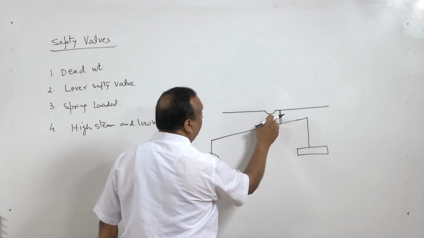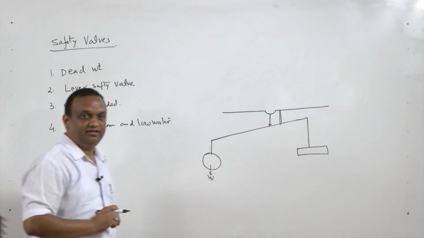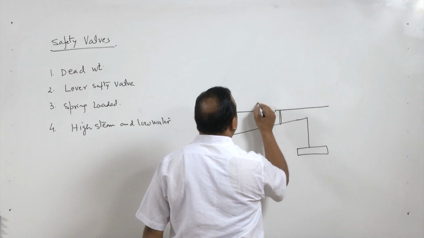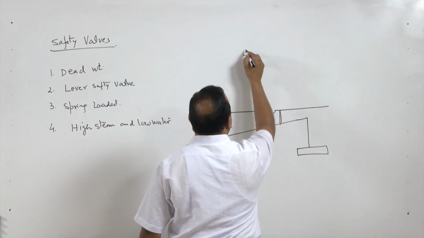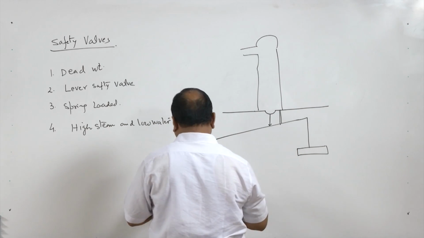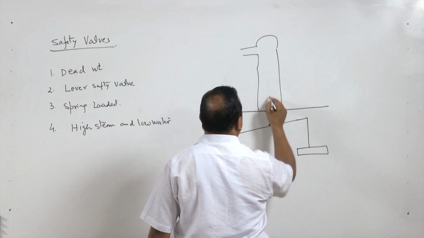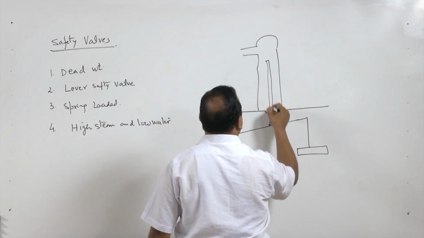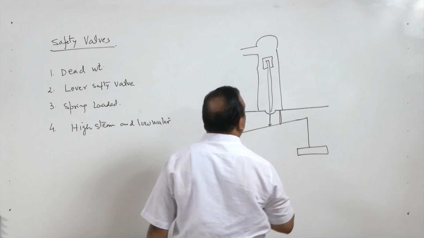This lever is not hinged here, it is hinged here, right. Above this again there is housing and provision for steam to vent, and again there is a stylus here connected to the dead weight type of safety valve.